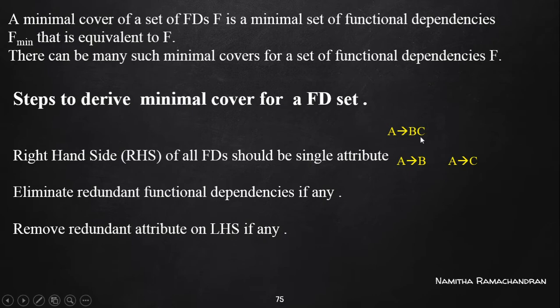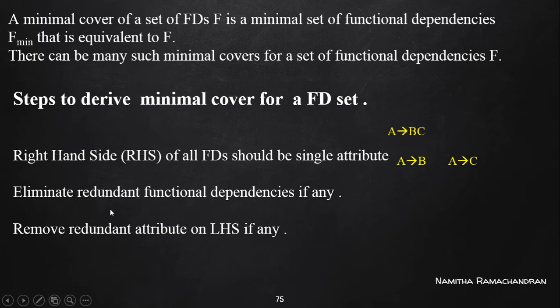The right hand side contains more than one attribute here. So with the help of our decomposition rule, we can rewrite this A implies BC as A implies B, A implies C. So this is the first step: make sure that the right hand side contains only a single attribute.